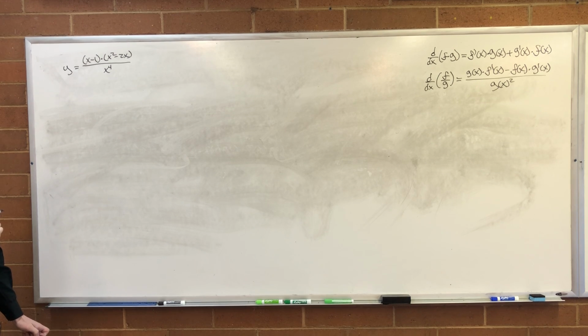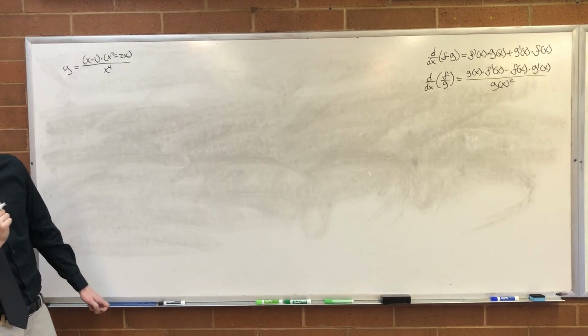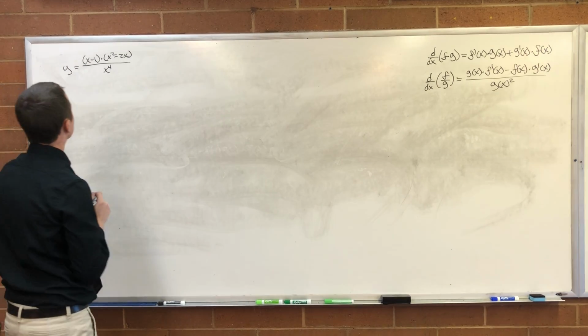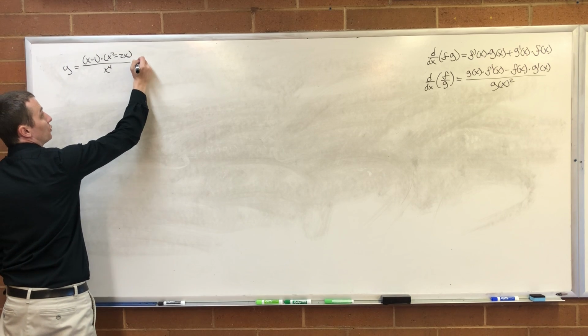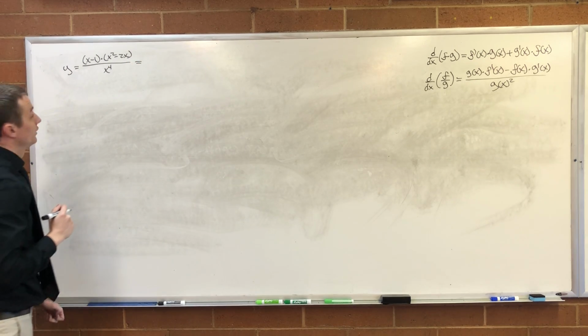Let's see. I don't really want to use the product rule there. He just simplifies that, so we'll do it that way. We won't use both rules. Okay, so simplify the numerator real quick.